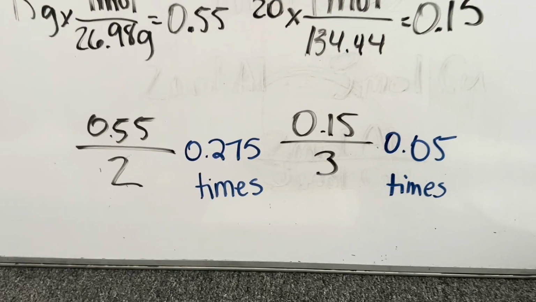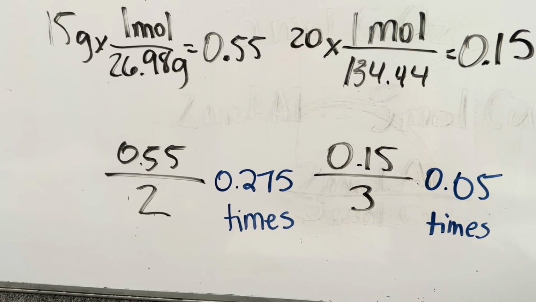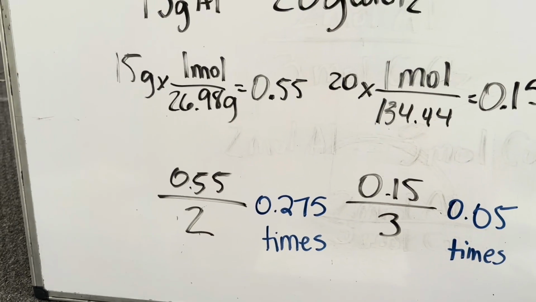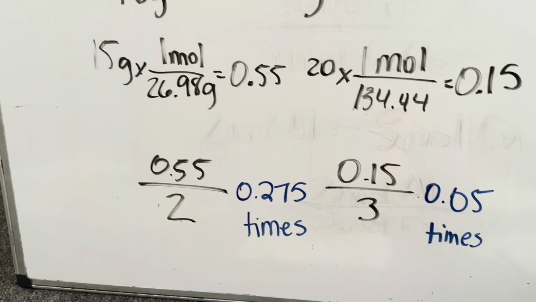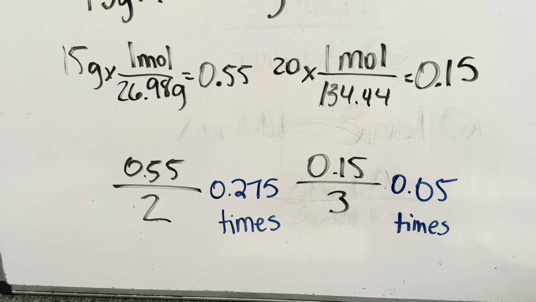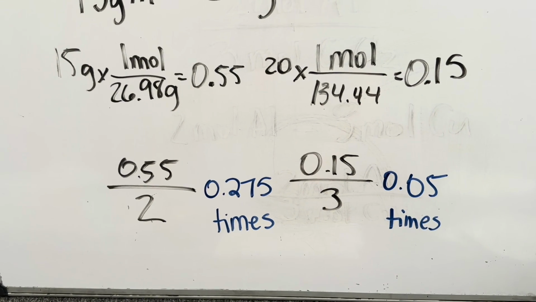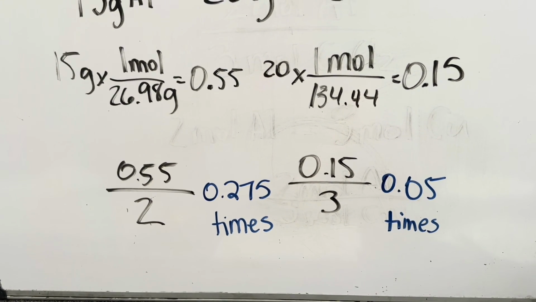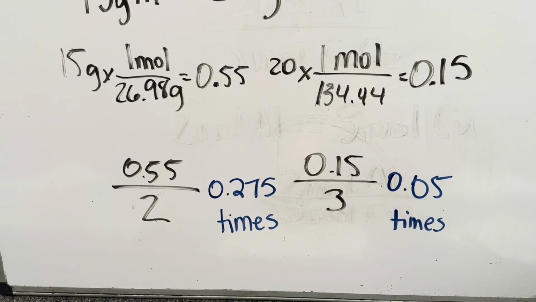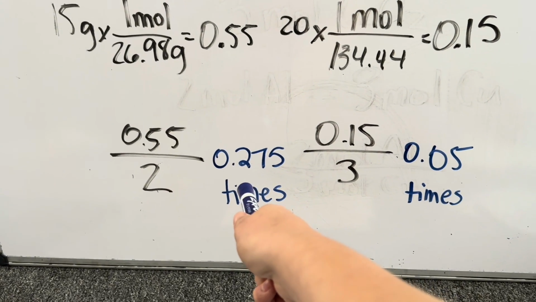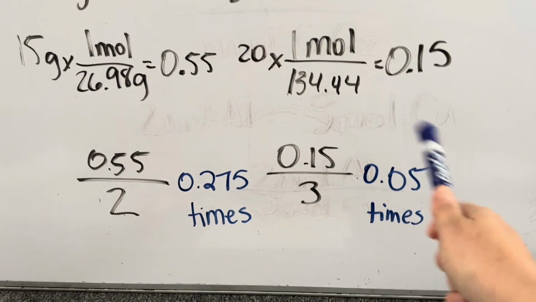Which of these is going to limit how many times our reaction can go? Which one is going to get used up the fastest? Can you tell? Can our reaction really go this much? No, I don't have enough of this one.